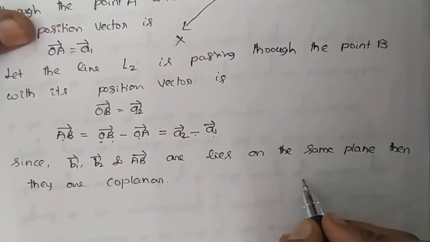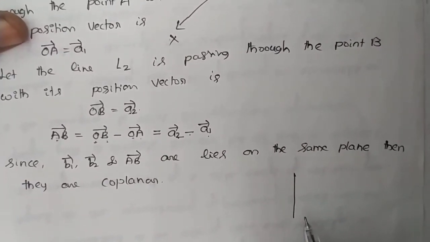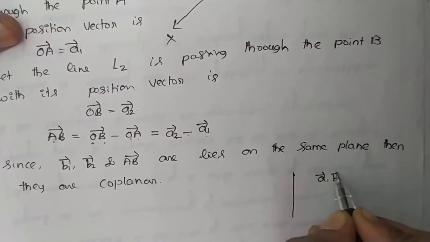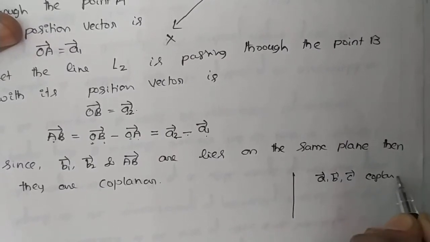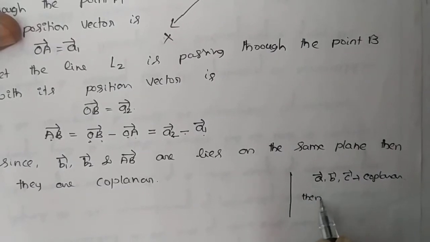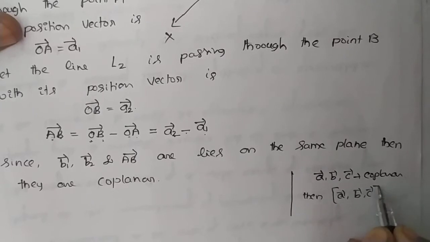You just remember the concept of coplanar that we have learned in our vector algebra. If the vectors A, B and C are said to be coplanar, then what is the condition? [A B C] equals 0.